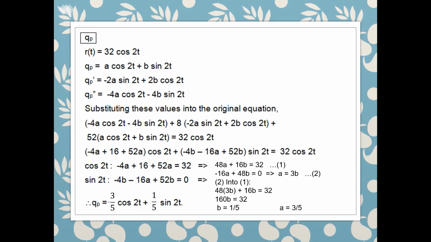Substitute these values into the original equation. Then equate the coefficient of the same variable and simplify. You will get a is 1 over 3 and b is 1 over 9. Substitute this value back into the qp. You will get the answer for the qp is 1 over 3 cos 2t plus 1 over 9 sin 2t.